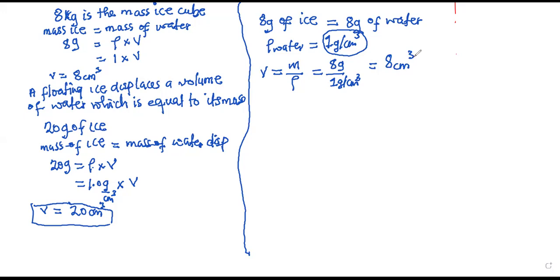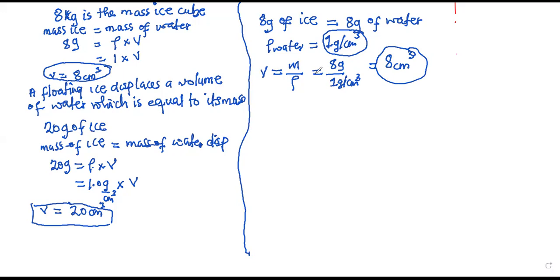And this volume of water formed after melting is equal to the volume of water which is displaced. Okay, so initially, the ice will displace 8 cm cube of water, push it away, and that is the space occupied by the ice.